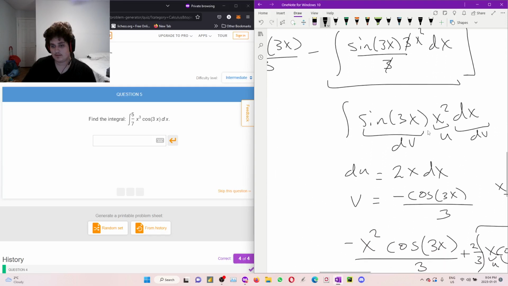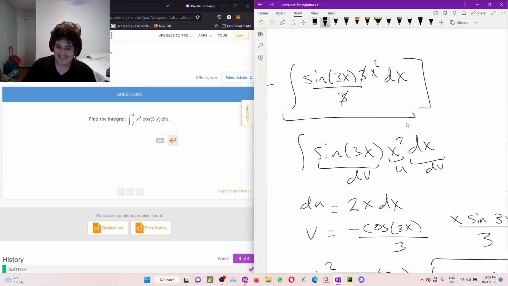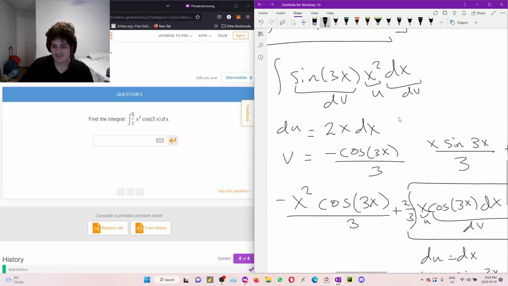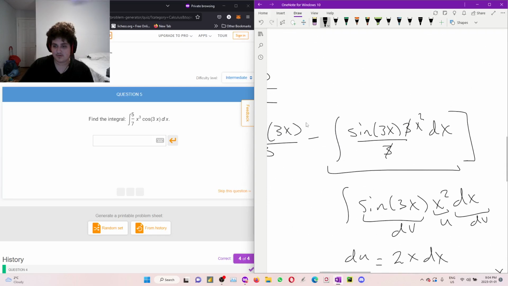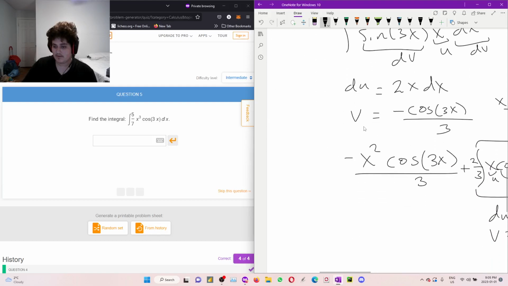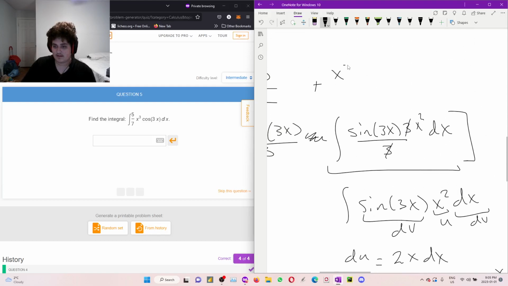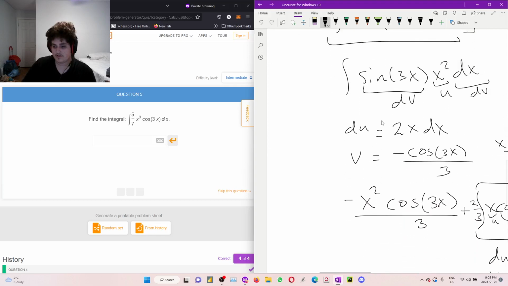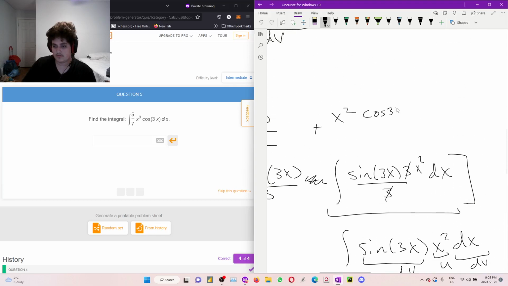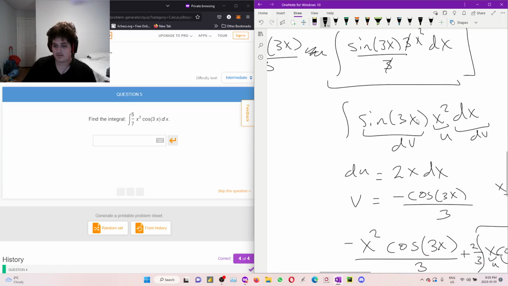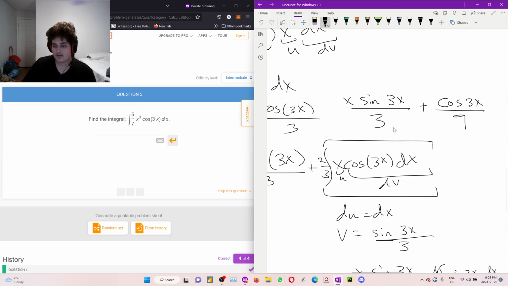And remember, this is kind of crazy, but this is all going to be minus, so we're just going to flip everything to make it plus. So we have x squared cos 3x by 3 plus, well, I don't know about plus. No, sorry, rather minus, oh, but there's a 2/3 here. So let's do that. 9 and 27.